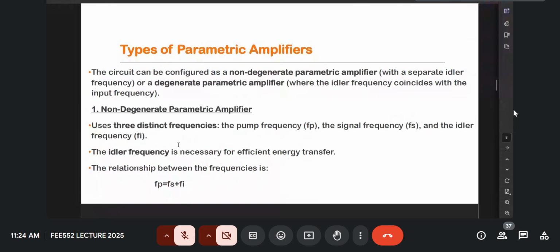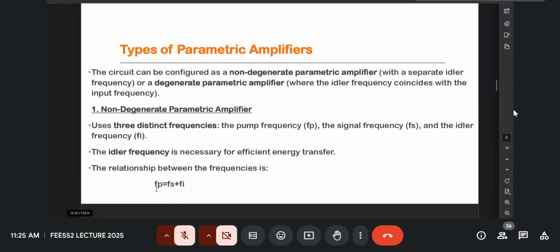Remember, I told you that out of the amplification of our input signal, or the signal frequency, there arises an idle frequency to satisfy this relationship: the pump frequency should be equal to the sum of the signal frequency and the idle frequency. We want to satisfy this condition whenever we amplify an input signal.